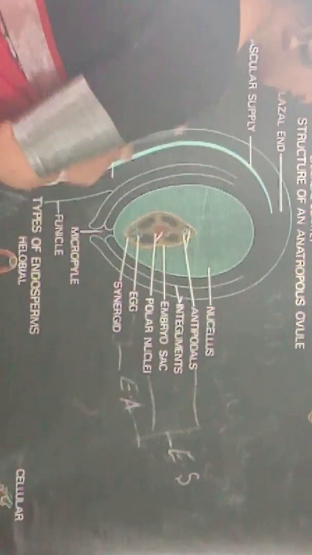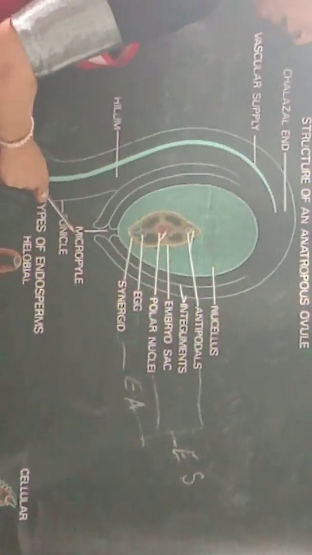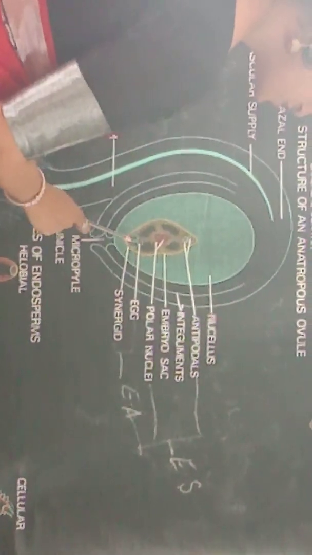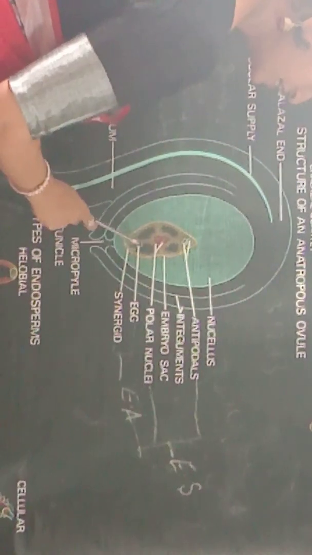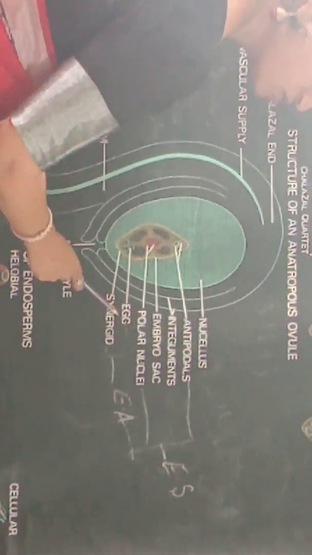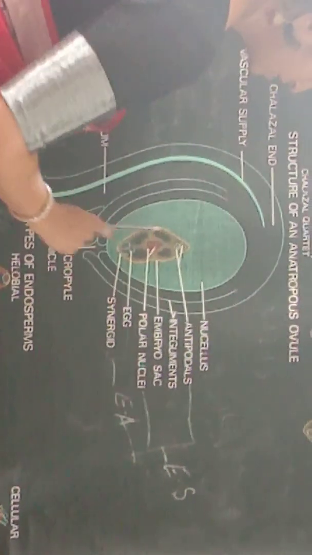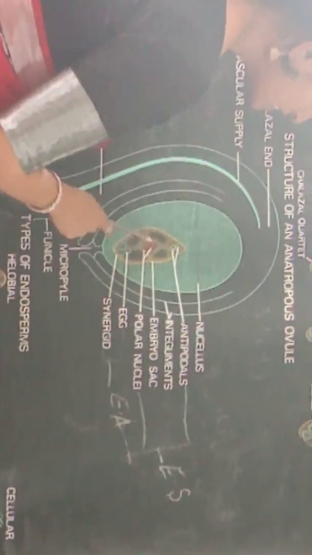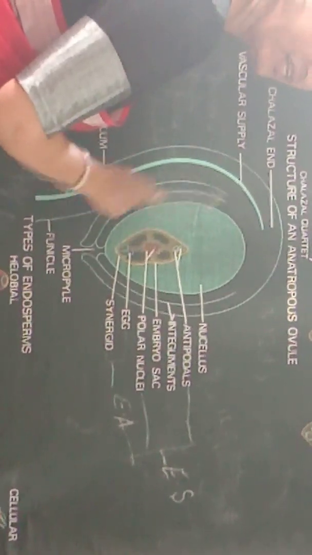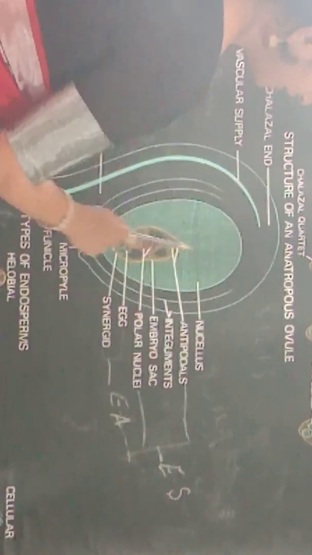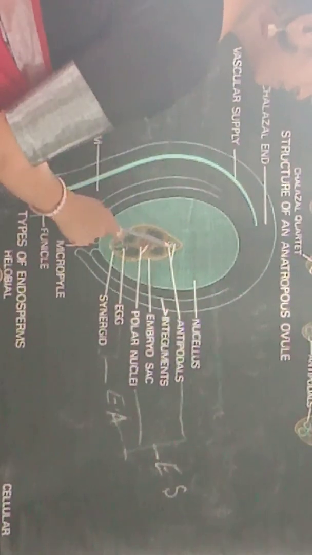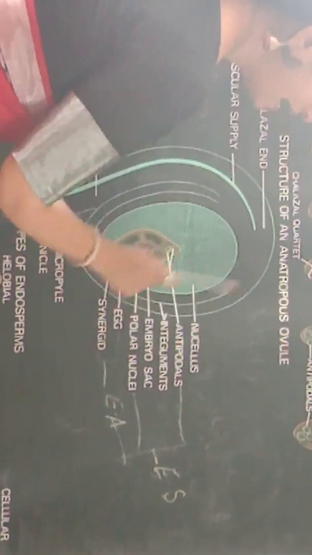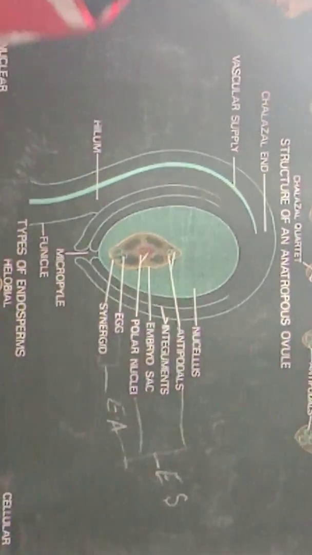So the group of 3 cells towards the micropyle are called as egg apparatus, in which there are 2 pear-shaped synergids, and then there is a central spherical egg cell, which is also the female gamete. In the center there are 2 polar nuclei, which later on fuse to form a single nucleus called as secondary nucleus. Towards the chalazal end of the embryo sac, there are a group of 3 cells which are called as antipodals or antipodal cells.